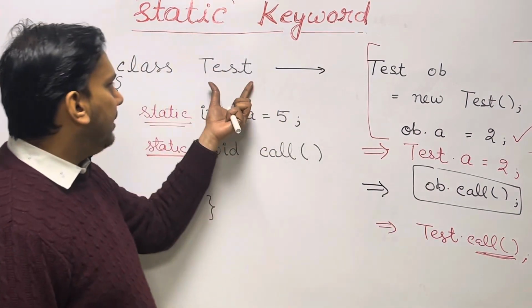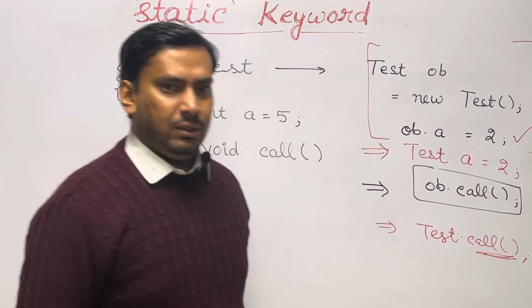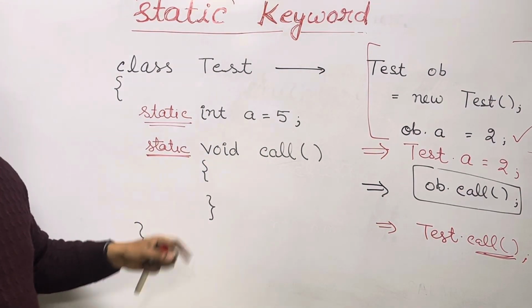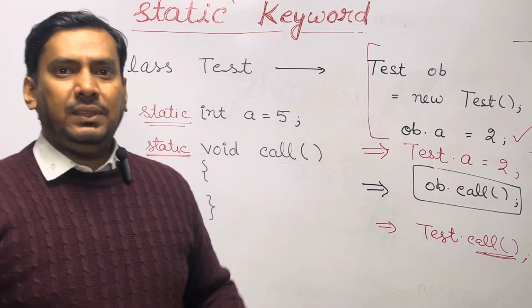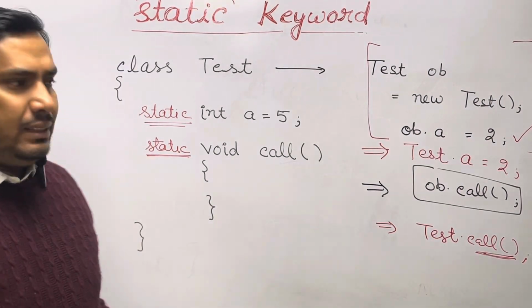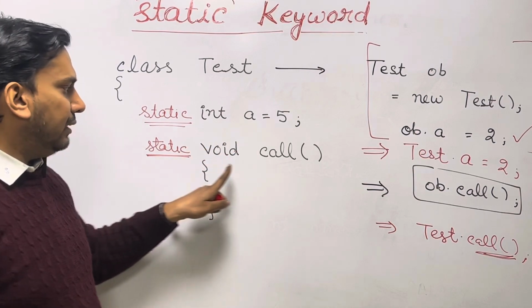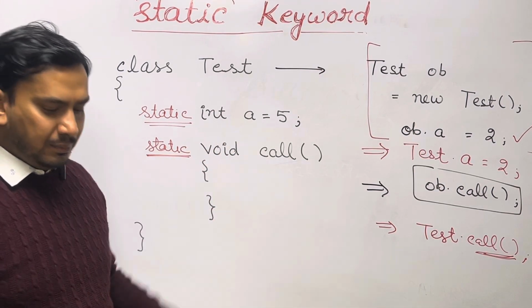Class name is test, so test.call. So these are the two common members of a class which we can qualify with the static keyword. One is the data member of a class and second one is the method of a class.